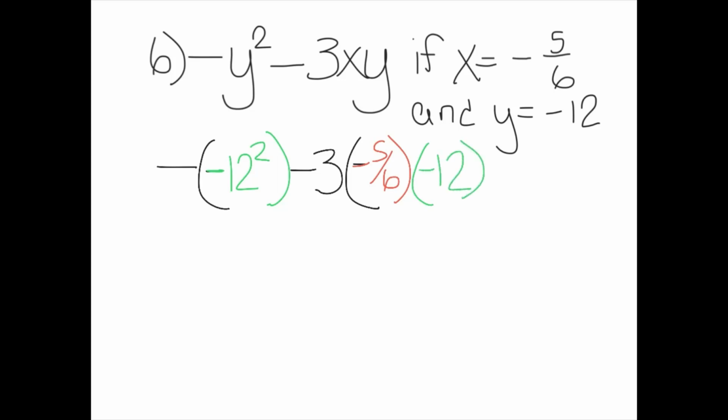This is going to be the negative of negative 12 squared. What's negative 12 squared? Positive 144. So it ends up being negative 144 because it's the negative of this.